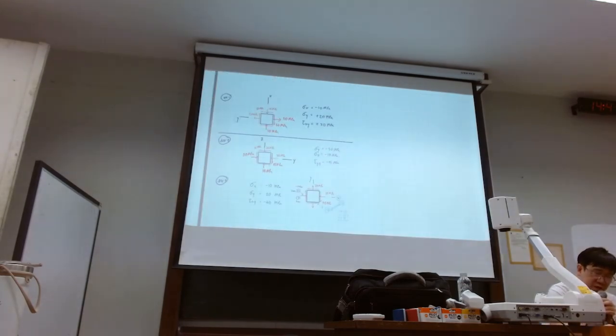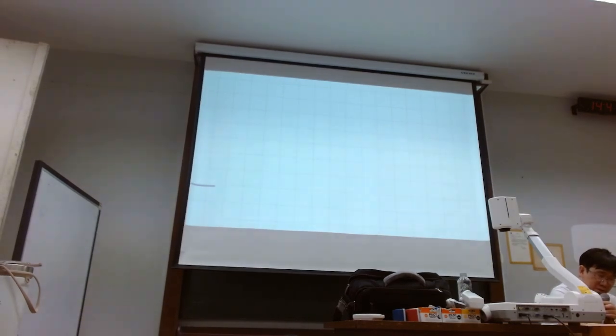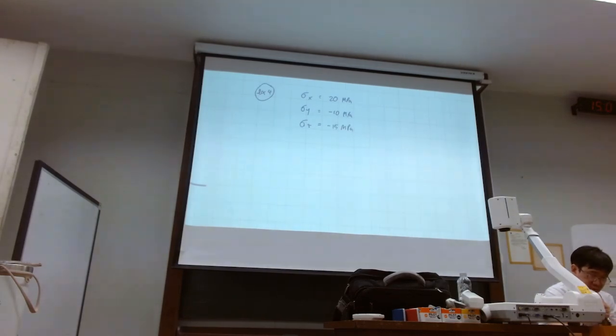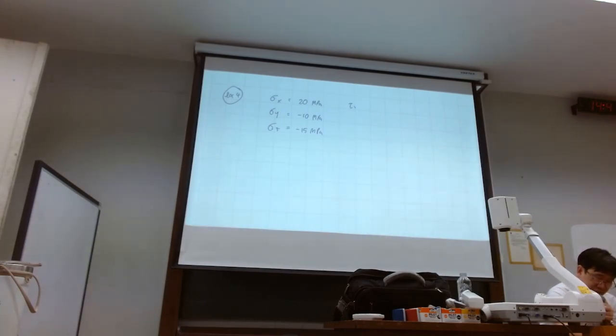Okay, let's try example number 4. We're going to have stress x, stress y, stress z, 20 MPa, minus 10 MPa, minus 15 MPa. And I'm going to have tau xy minus 5 MPa, tau yz equal to 40 MPa. And that's it.